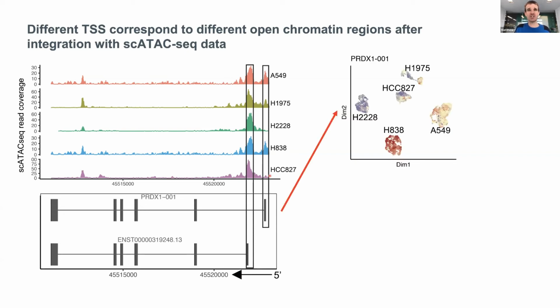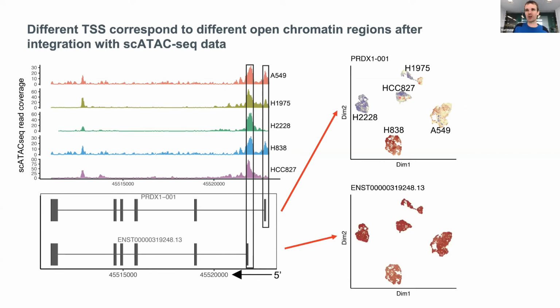If you look at the expression of these different isoforms, the one that has this alternate start site and has these extra peaks, you can basically see that these coincide with the cell clusters here, which are just cells coming from different cell lines that have the highest expression of these genes. So A549, H838, and some of the cells in 1975 have high expression of this, whereas the others have very low expression of that one, compared to the other main isoform, which is fairly uniformly expressed across the different cell types.